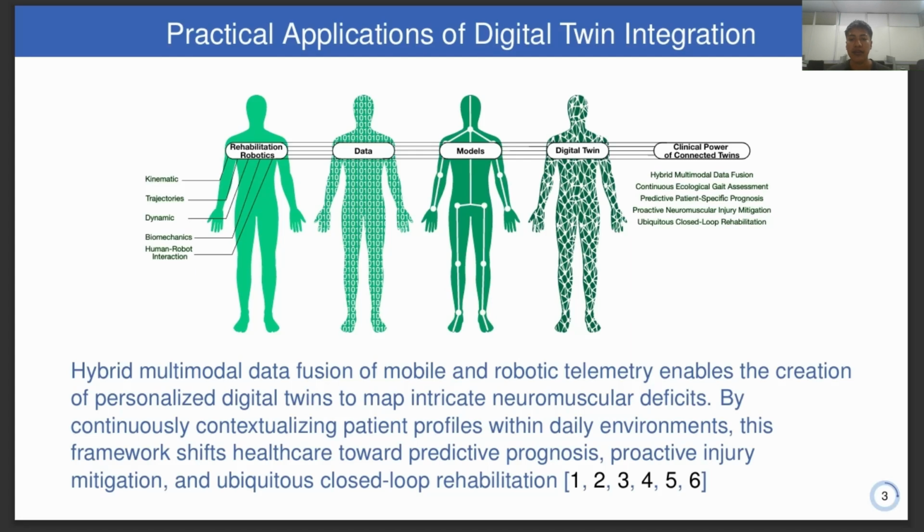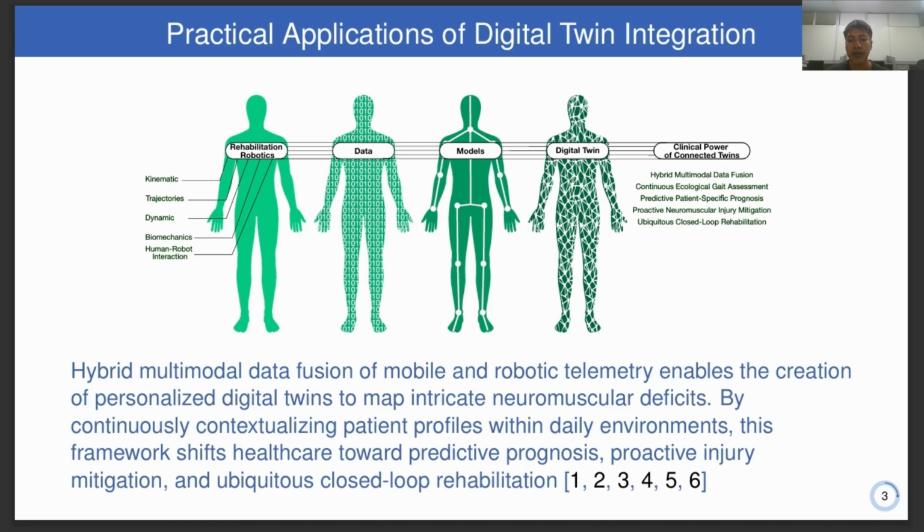This slide introduces the practical application of digital twin integration as a key to map out the intricate neuromechanical deficit caused by physical impairments. It is essential to synthesize disparate data streams captured across distinct physical and physiological scales.